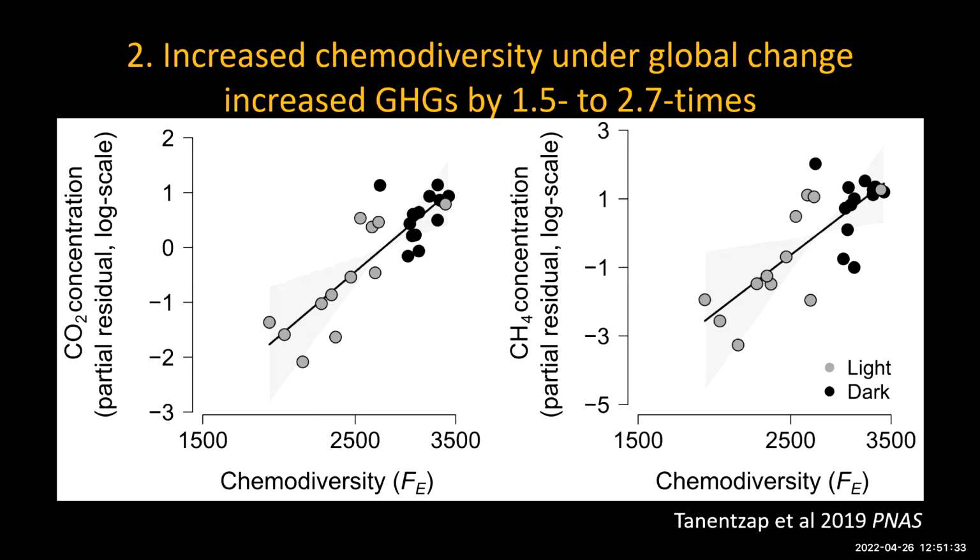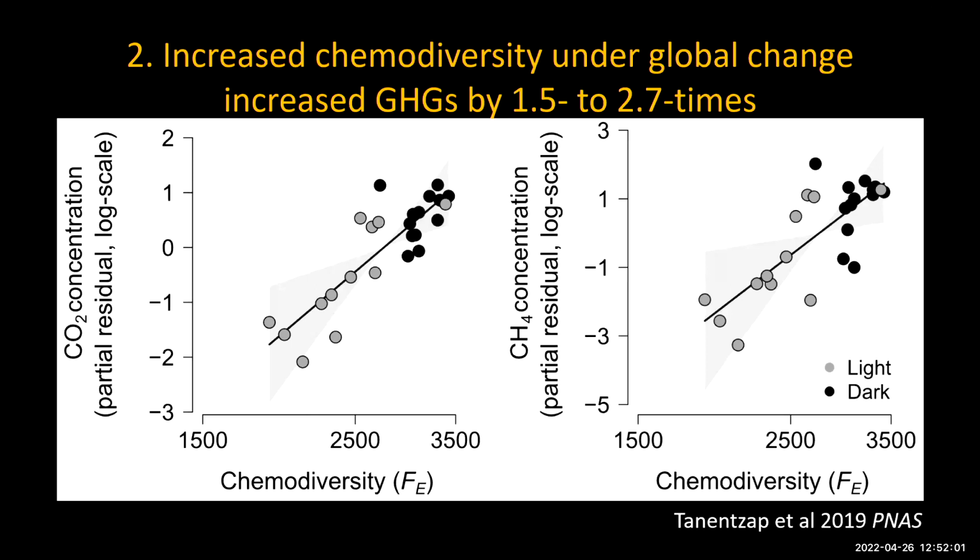And we could make similar comparisons between the light and the dark lake to predict the effects of widespread browning or darkening of northern waters. In that case, chemodiversity increased by 1.2 times in the darker lake, which was enough to increase the greenhouse gas concentrations by 2.7 times. So really compelling evidence, I would say, that chemodiversity is important.